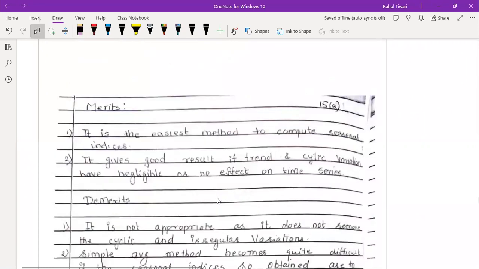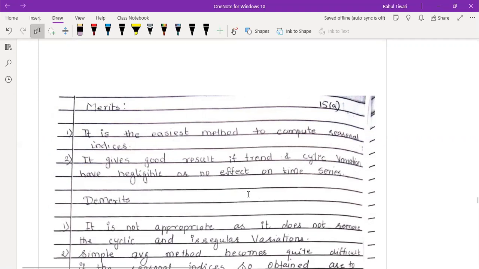There are some merits and demerits. It is the easiest method to compute seasonal indices because you simply compute x bar i upon x bar. It gives good results if the trend and cyclic variation have a negligible or no effect on the time series.